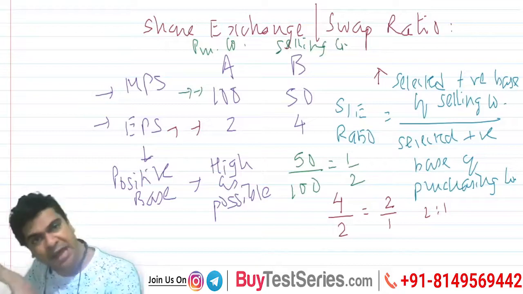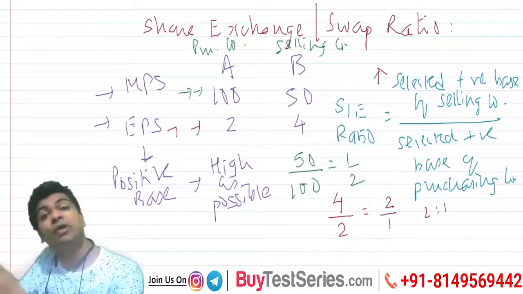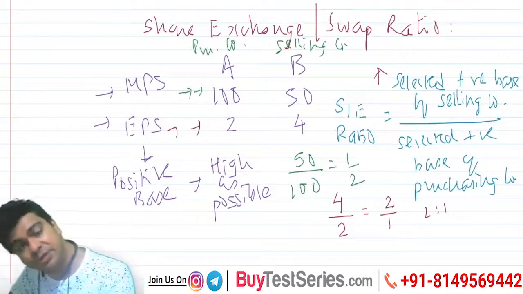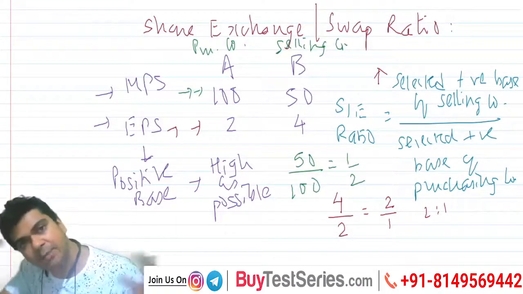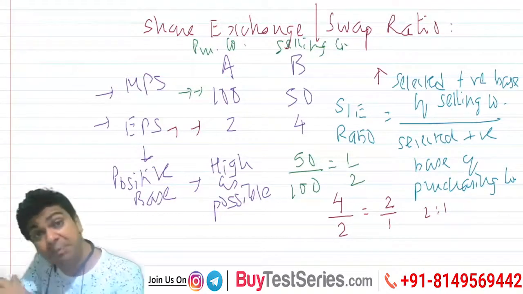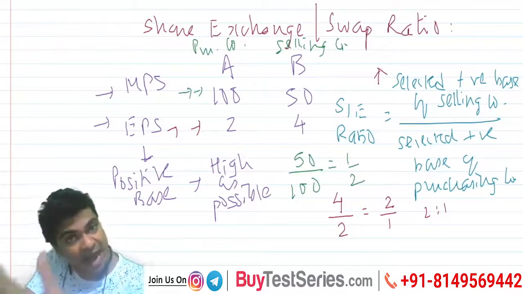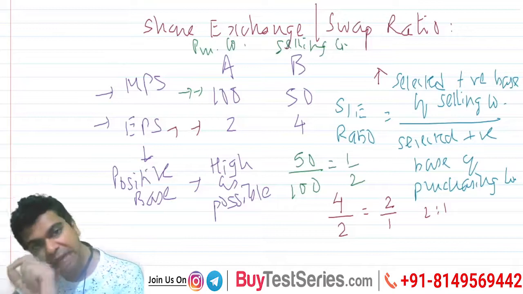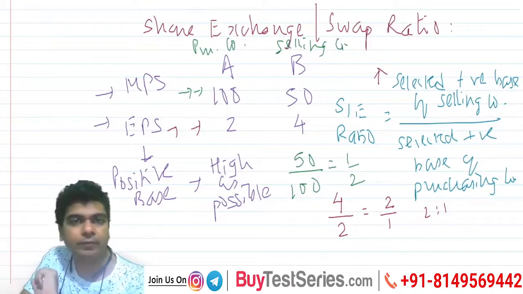I believe it's very logical. Your book value per share is higher, I will give you more number of shares. Very obvious. Your company is trading at a higher market price, naturally I'm obliged to give you more number of shares. But if my company's share price is higher than yours, then why should I give you more number of shares? So that's how this will work.